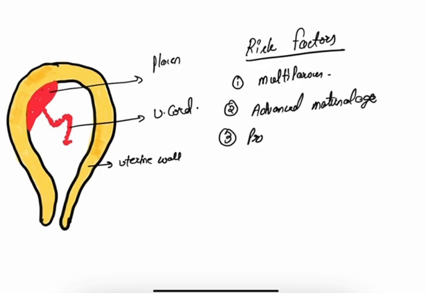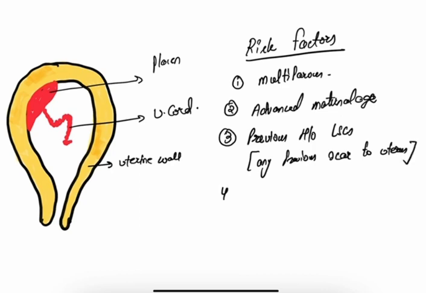Previous history of LSCS or any previous scar to the uterus due to some surgery. Smoking is another risk factor for placenta previa.